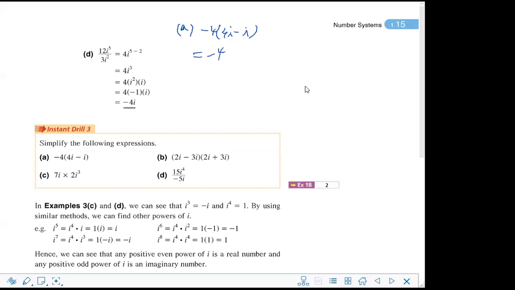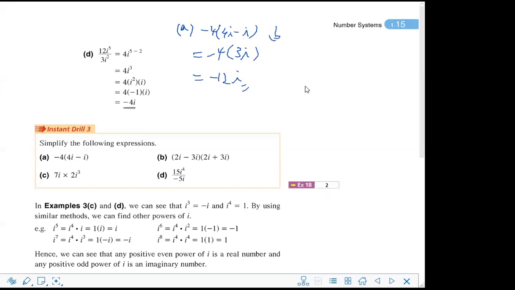Because we have realized that the 4i minus i are like terms. They can be calculated inside the bracket. It can be simplified to be 3i first. And then we just multiply the -4 by the 3. It becomes -12i. That is the answer.